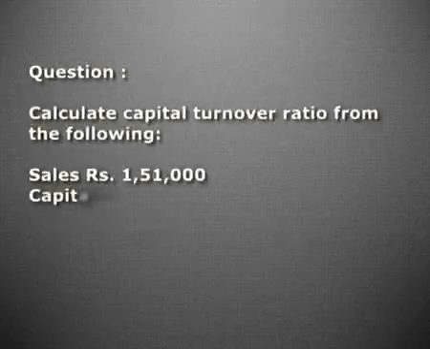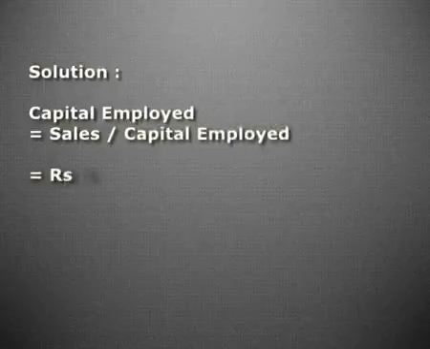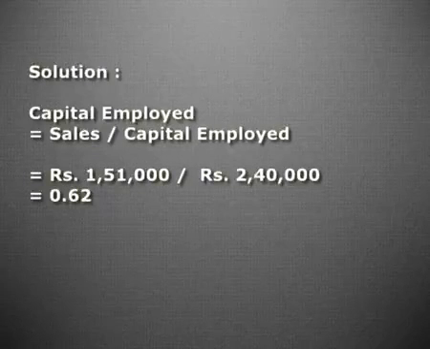Sales rupees 1,51,000. Capital employed is equal to rupees 2,40,000. Solution. Capital turnover ratio is equal to sales divided by capital employed is equal to rupees 1,51,000 divided by rupees 2,40,000 is equal to 0.62.